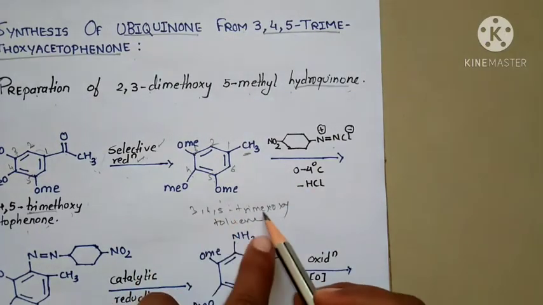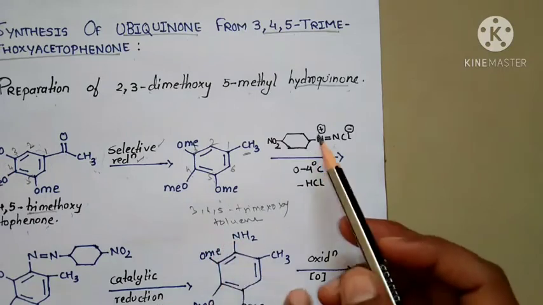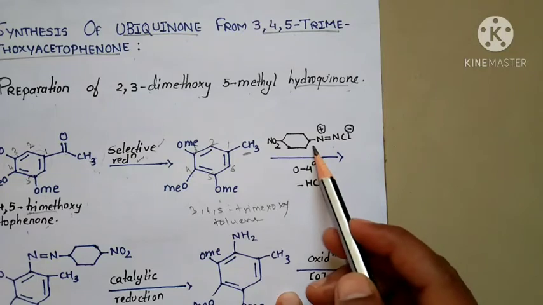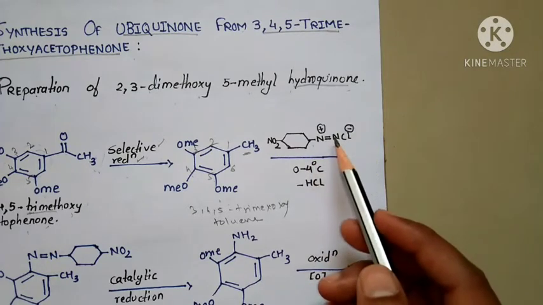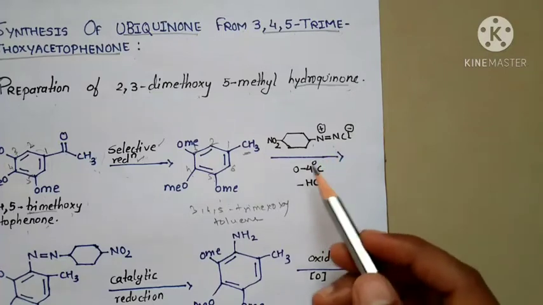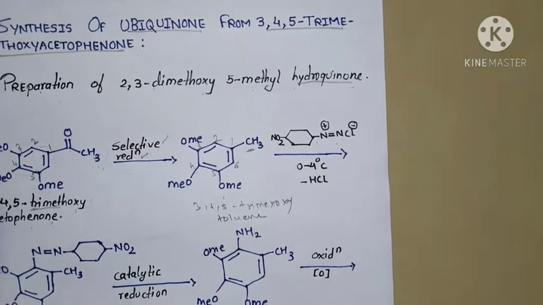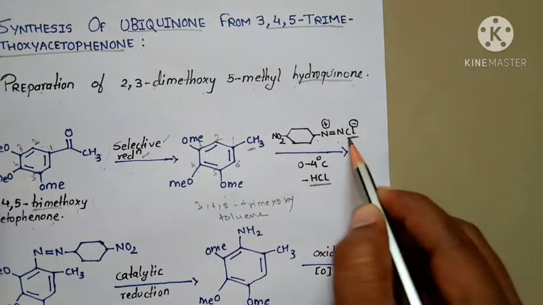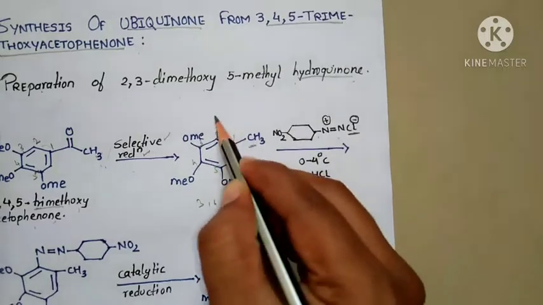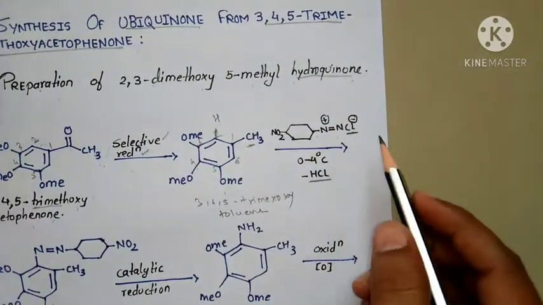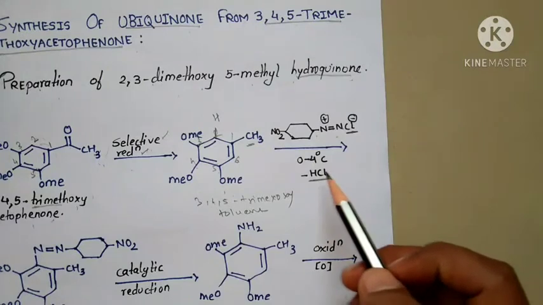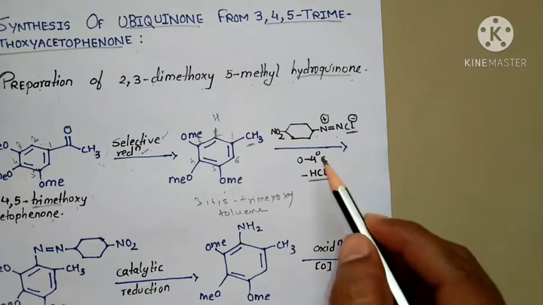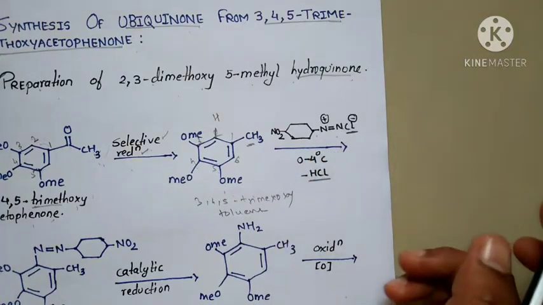This 3,4,5-trimethoxytoluene is diazotized with the next reagent, and you will get the next molecule after removal of HCl. This ended HCl and second position hydrogen is removed, that means removal of HCl in the presence of 0 to 4 degrees Celsius. As we know, the diazotization process is in the presence of 0 to 4 degrees Celsius.